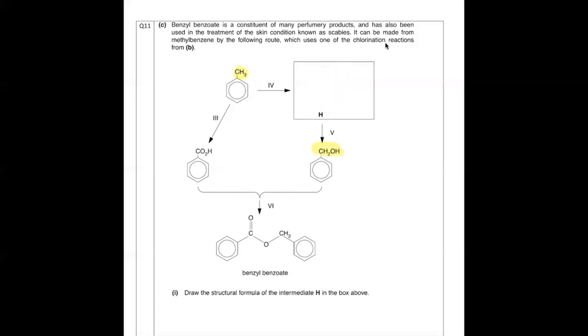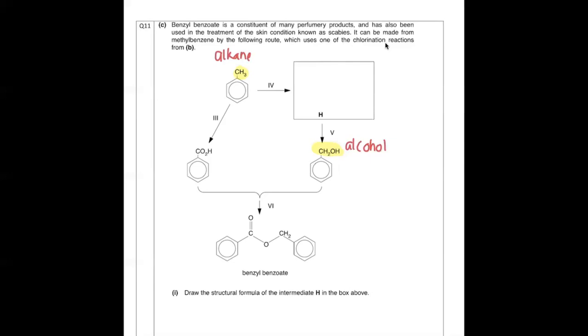Okay, so you can see here that this is an alkane, this is an alcohol. Now if you were in the exam for this, you have to think of all the possible reactions and all the possible products of alkane. Okay, alkane can go into an alkene. Alkane can also go into a halogenoalkane.